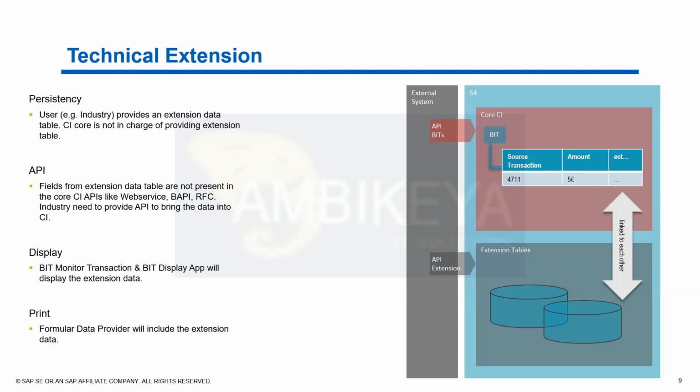We call it billable item class. In on-premise, you have to define your own class. We will give you the tools for this. You can also define your own fields and then integrate your own fields into the billable item class. That is a core CI functionality.